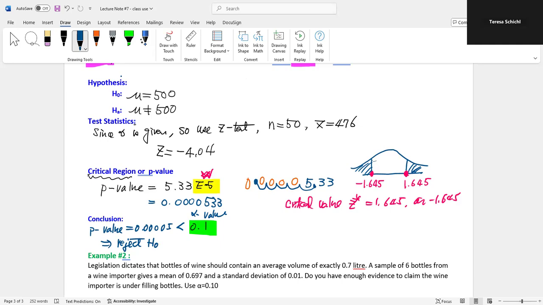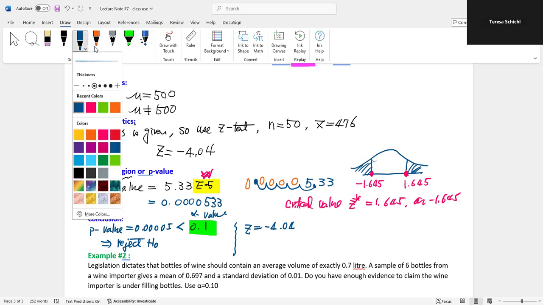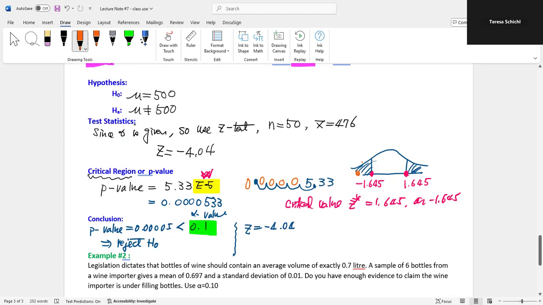All right, now let's do a second comparison, with the test statistic. Z is equal to negative 4.04. So my test statistic is going to be negative 4.04, and it is here, right? It's inside the shaded areas.